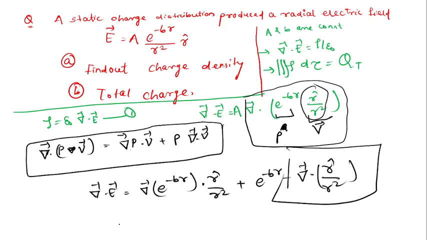So del of e to the power minus br is nothing but e to the power minus br into minus b r cap dot r cap upon r square plus e to the power minus br.